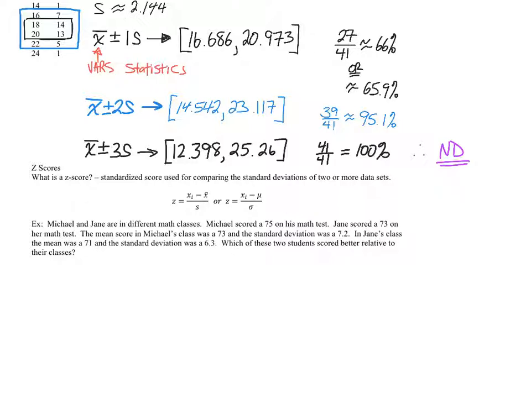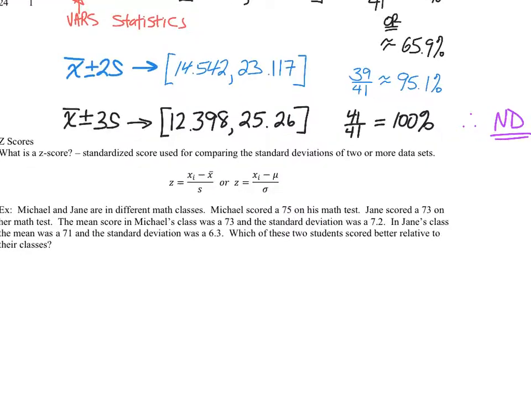And so every person, every test score, every individual data entry can be represented based on its distance away from the mean, also known as a z-score. So all we're doing here is identifying z-scores. The reason behind it is if I give each one of you a z-score based on your performance on a unit test, then I can compare all your data to one another. Right? It becomes a whole lot easier that way.